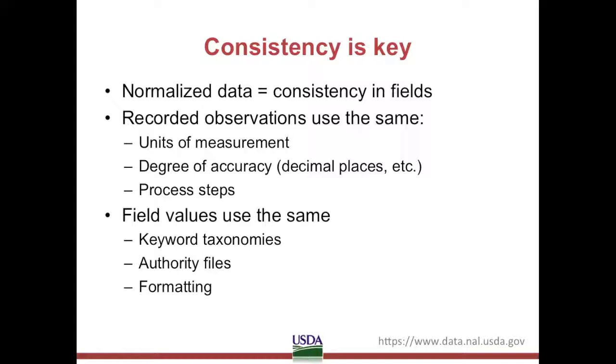Likewise, field values should be consistent. Identifying any controlled vocabularies, authority files, or formatting that should be used helps ensure that all related records look and interact the same way. Imagine everyone uses whatever terms they want to describe a specific variable.